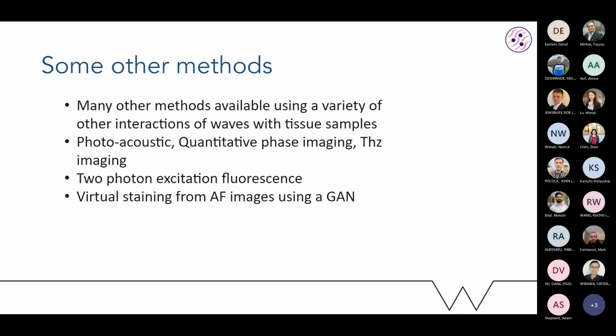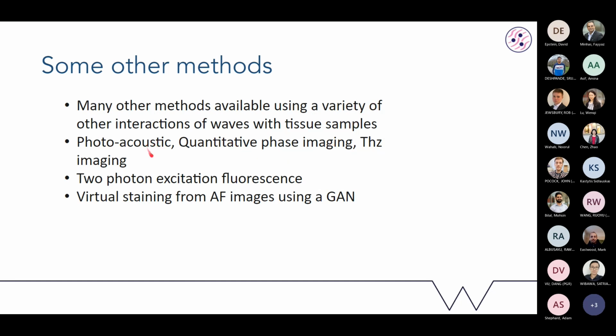That's interesting. So the last bit is only quite brief. It's just quickly mentioning some other methods that are out there that use a variety of other interactions of various waves with your tissue sample.